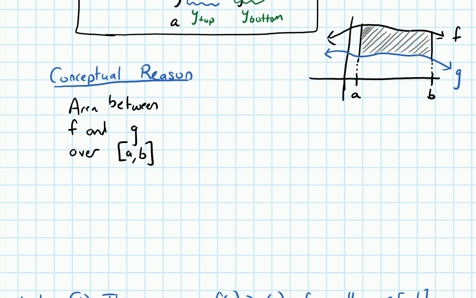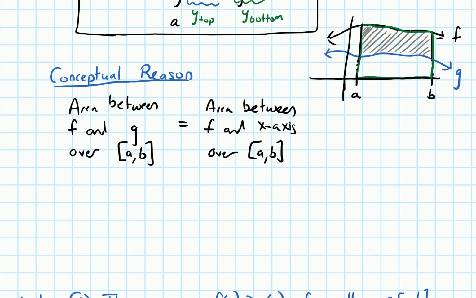So if I want to find that area, just looking at the picture, what I could do is first find the area between f and the x-axis. So this whole thing that I'm sort of tracing out in green here. So this will be equal to the area between f and the x-axis over that interval from a to b, but after I subtract something away.